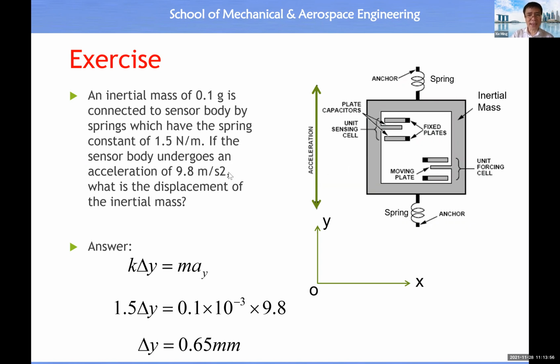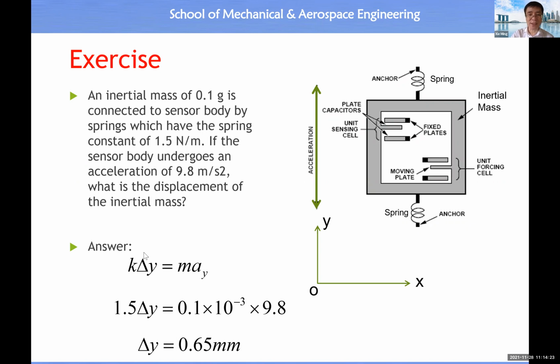Then assume in this case we know the mass of the inertial mass, which is 0.1 g, and the spring constant is 1.8 N per meter, and the sensor body will undergo gravitational acceleration, 9.8 meters per second squared. Then what should be the displacement? Nominal displacement is 0, and then what should be the displacement?